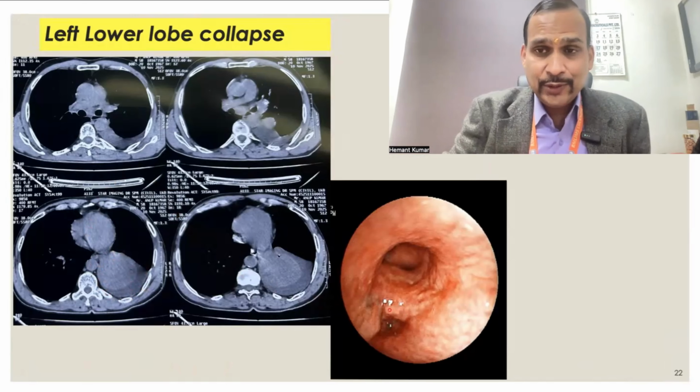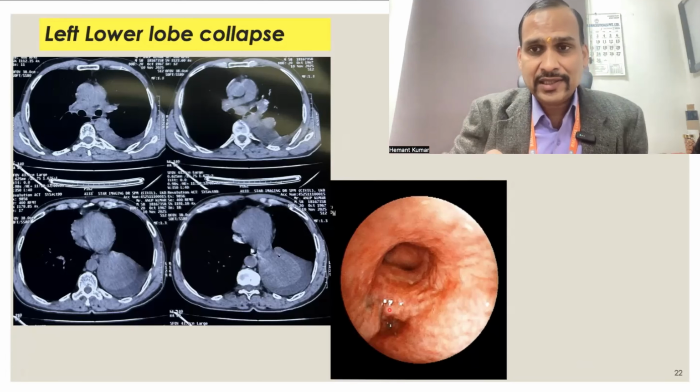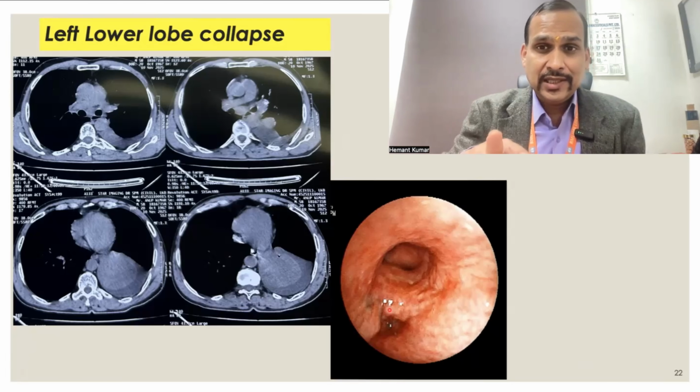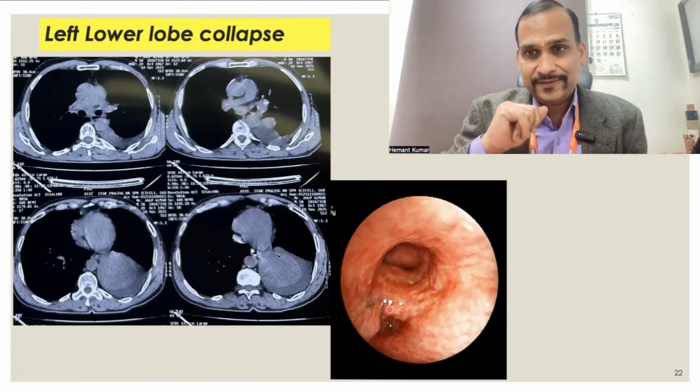So what is our diagnosis? Our diagnosis is left lower lobe collapse due to a left intrabronchial mass in the left lower lobe. When we did histopathology, it came out as squamous cell carcinoma. Can you imagine, a patient of squamous cell carcinoma was being wrongly treated with anti-tuberculosis drugs for the last 4 months.